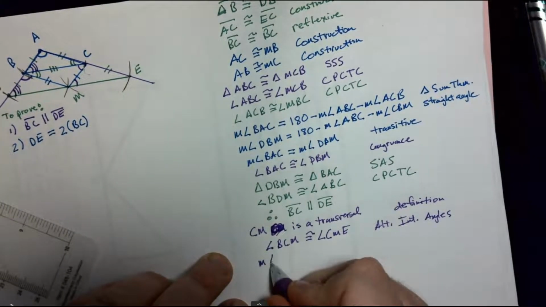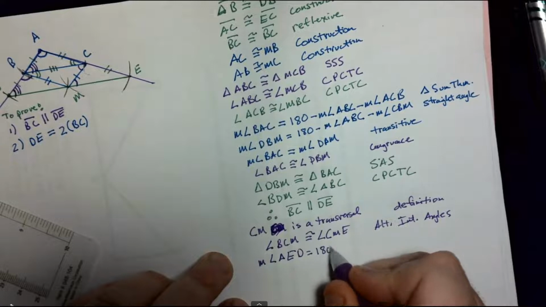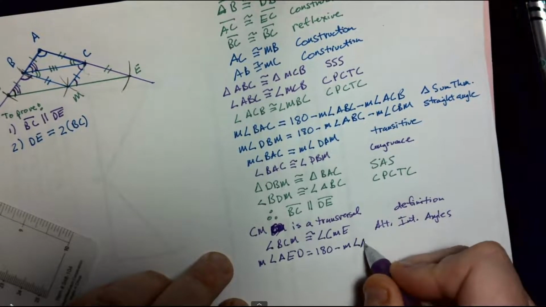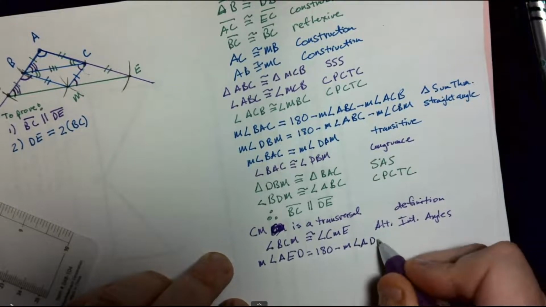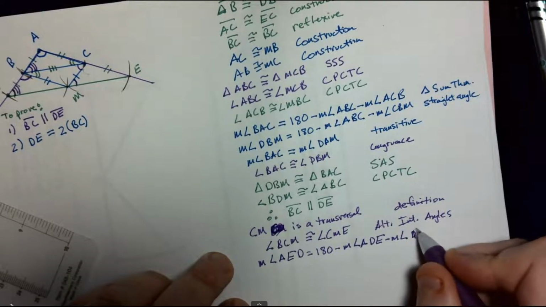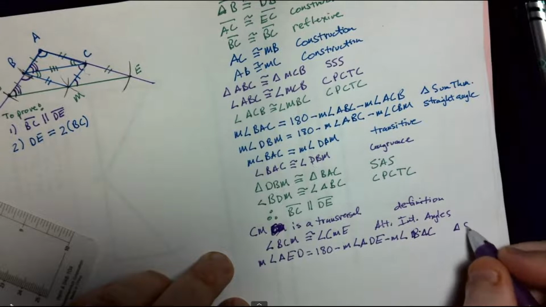The measure of angle ADE is equal to 180 minus the measure of angle ADE minus the measure of angle, well, let's call that actually BAC. And that's the triangle sum theorem.